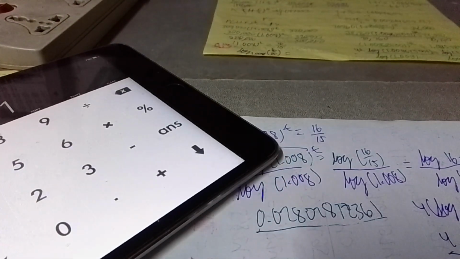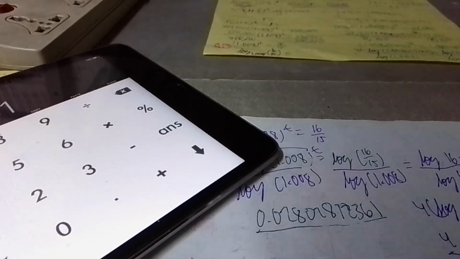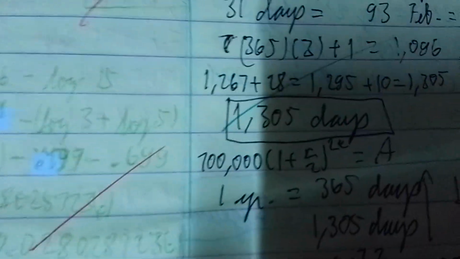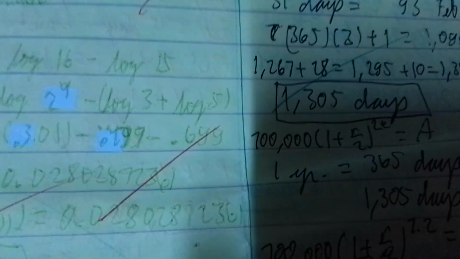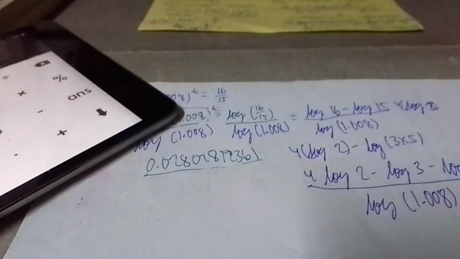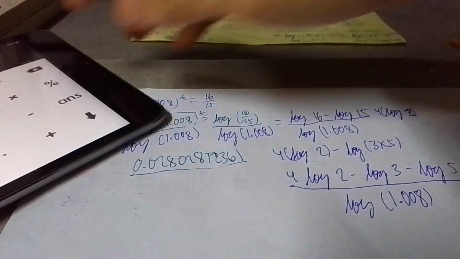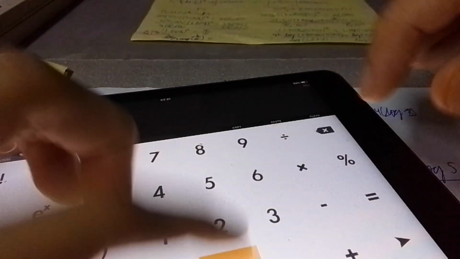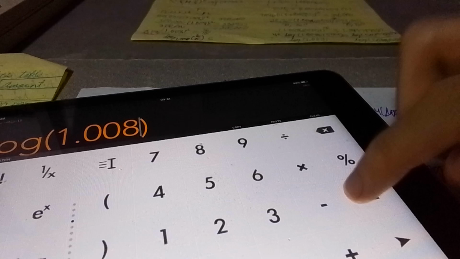Now what about the denominator? We get the same answer here, right? We should get this answer 0.028028722361. And then we take the log of 1.008. So typing it in our calculator, log of 1.008, what answer did we get?